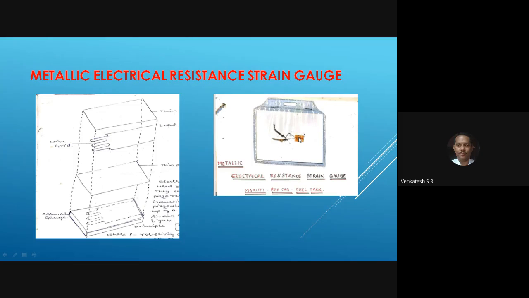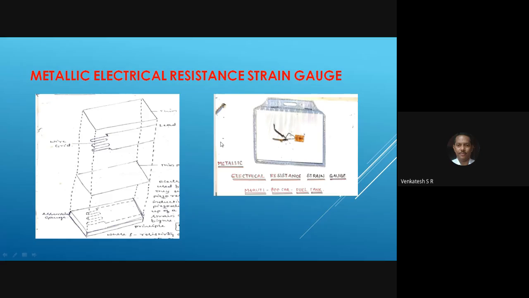This resistance strain gauge works on the piezoelectric concept: when the pressure of the fuel acts on the strain gauge, it changes the electrical characteristics, that is, the change in resistance, which is measured in ohms. So this is the wire grid made of copper alloy or silver alloy, and the lead is welded to the copper wire. All of you observe here.